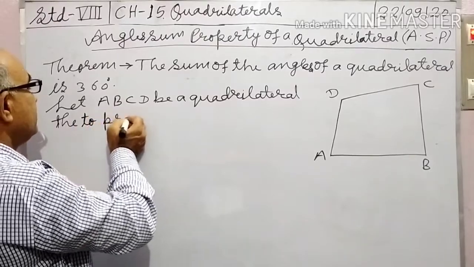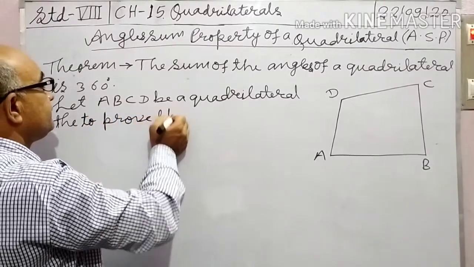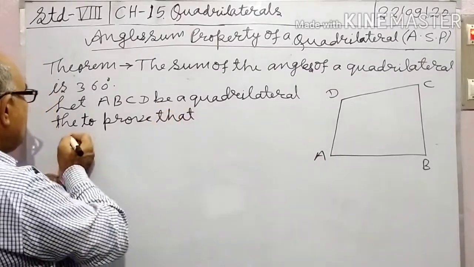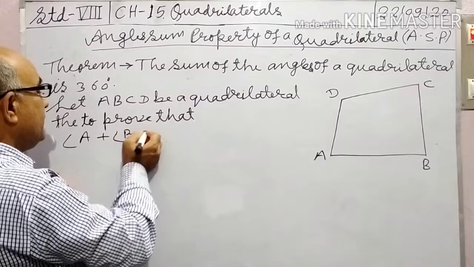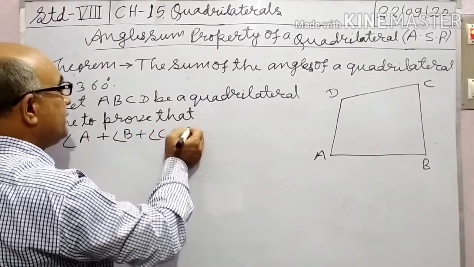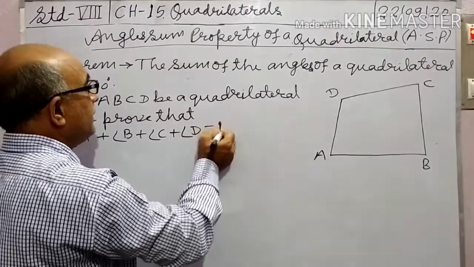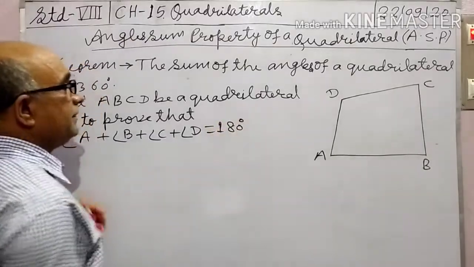To prove that angle A plus angle B plus angle C plus angle D equals 360 degrees.